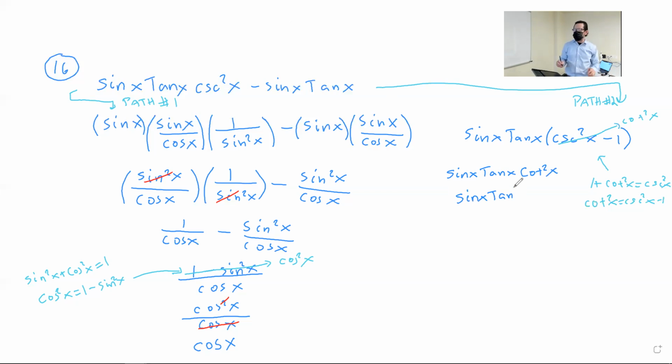We know that cotangent is 1 divided by tangent, so this is the same as having 1 divided by tangent squared of x. This is going to eliminate the tangent and the square, and we're going to be left with sine of x divided by tangent of x.